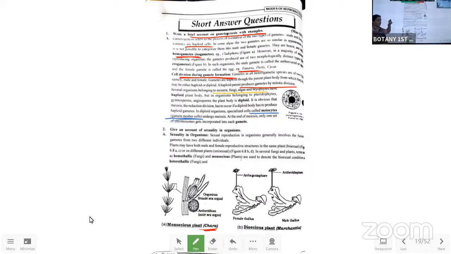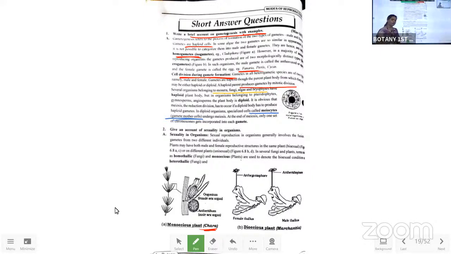Okay, and at the end we have to give one tag. In the life cycle of any organism, meiosis occurs only once. For the haploid organisms, whenever they make the gametes, it is by the mitotic division, and the zygote undergoes meiosis to form a haploid plant body.